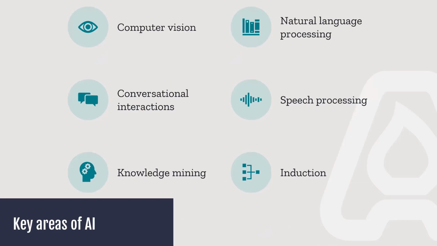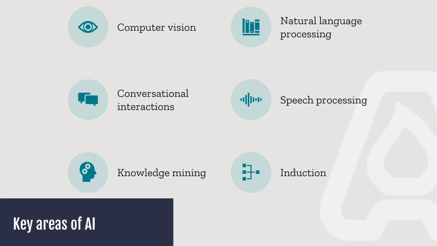Those three tasks split up into certain specialisms. So computer vision is working with images and video. With computer vision, we can do things like detecting health and safety risks on the shop floor.